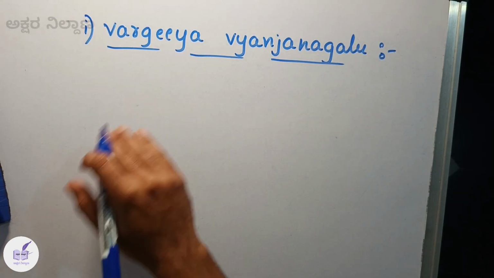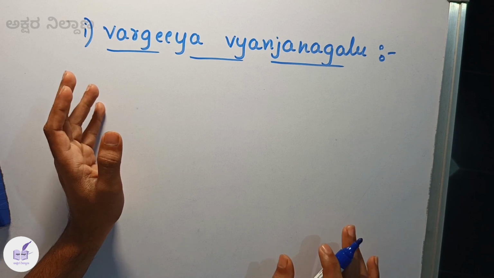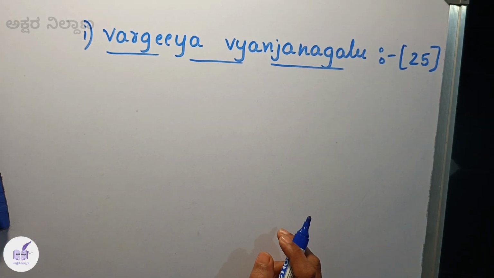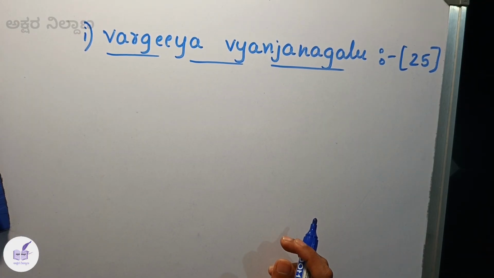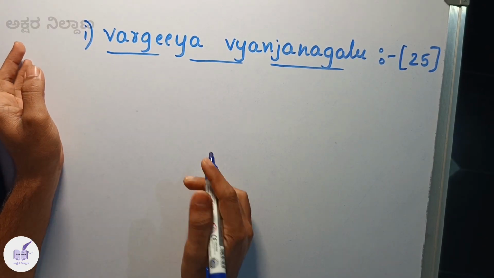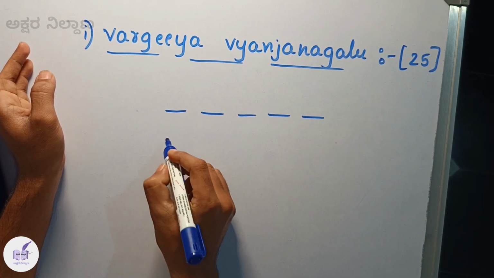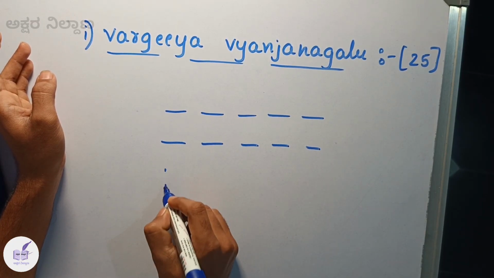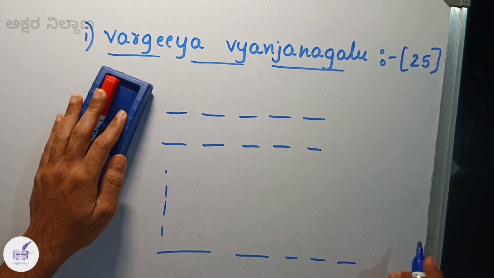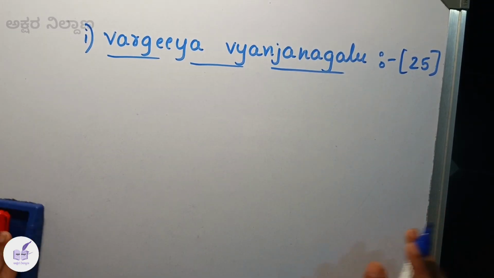As I said, there are 25 letters in Vargiya Vyanjanagalu, and the remaining 9 letters are in the Avargiya Vyanjanagalu. In Vargiya Vyanjanagalu, each line contains 5 letters. Like this, you get 5 lines, so totally 25 letters. Let's go line by line.